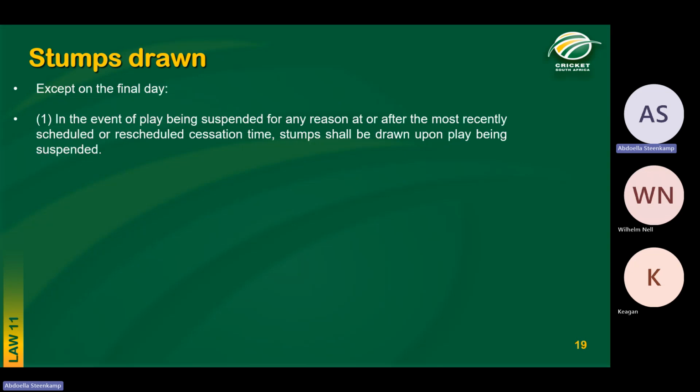What happens next? The playing condition tells us it will be stumps. Why? Because the playing conditions say if we need to leave the field due to adverse conditions, it can be rain, bad light, but let's use rain as an example, at or after the scheduled cessation time, it will be stumps.